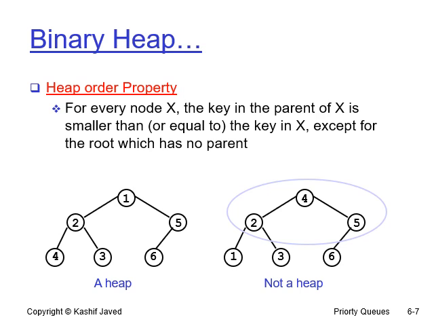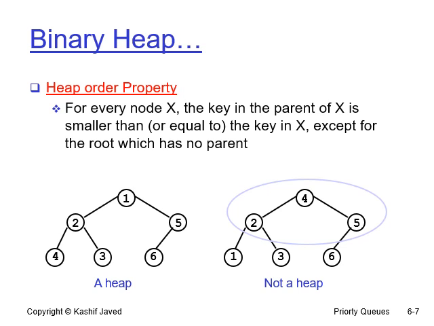The key in the parent, which is 2, should be smaller than or equal to the key in X, except for the root, which has no parent. If X is 2, the parent of X is 1, and it's obviously smaller.